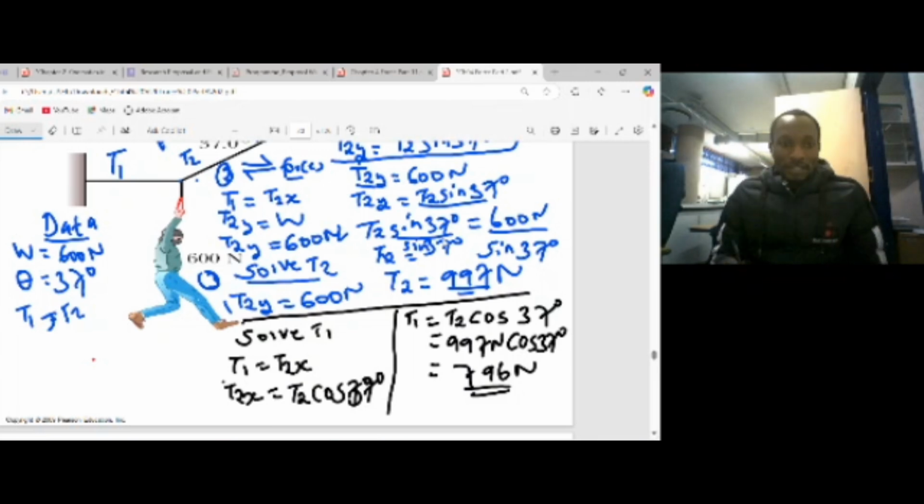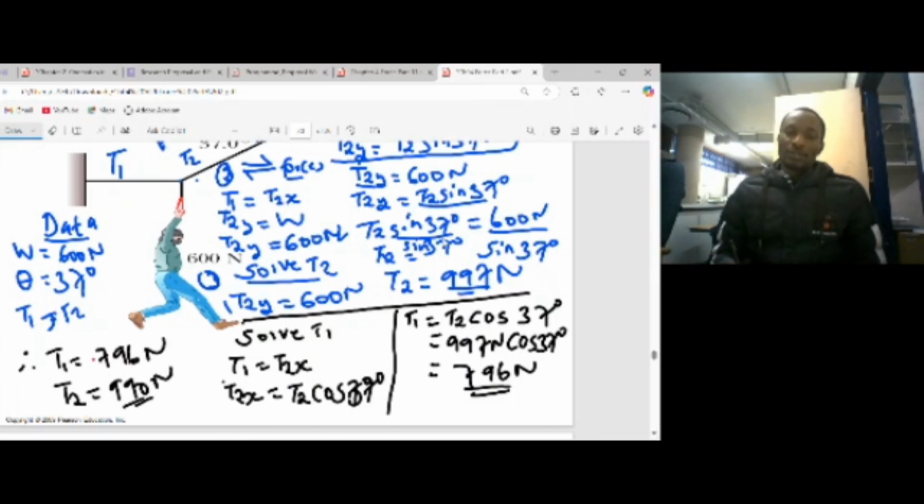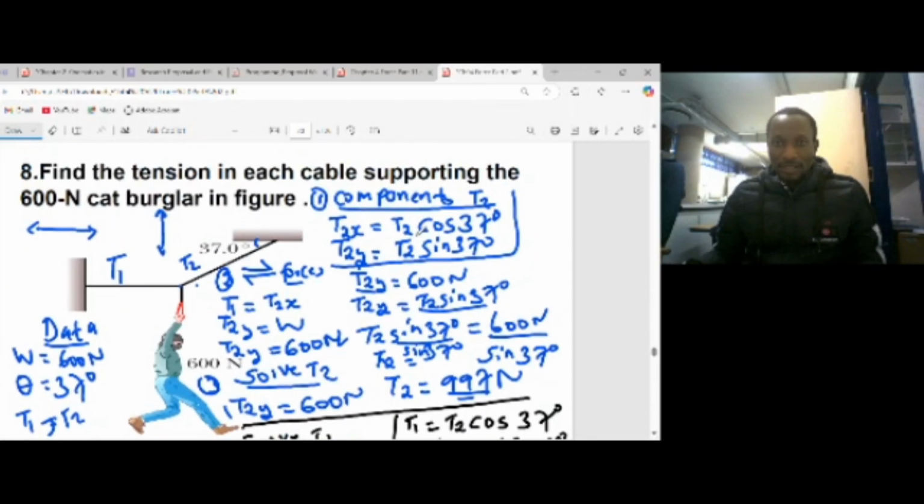So at the end of the day, you can say that, therefore, T1 is equal to 796 Newton and T2 is equal to 990 Newton, right? So this is how you attempt that question. The first thing to know is to write the components of each, like T2, and that one will be easier because you have the angle that T2 makes with the ground.